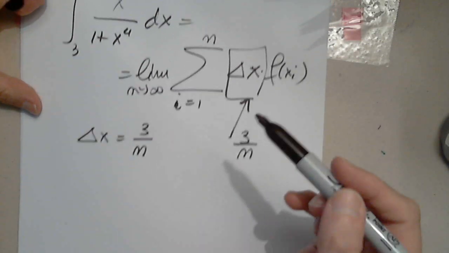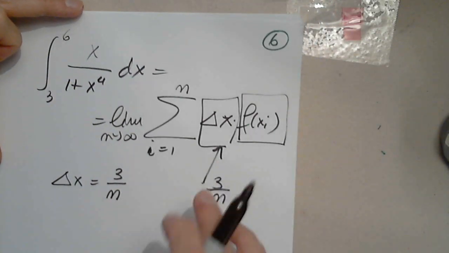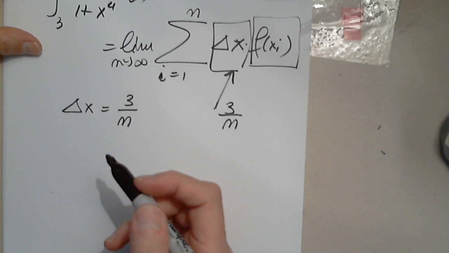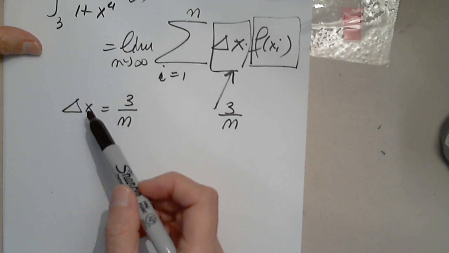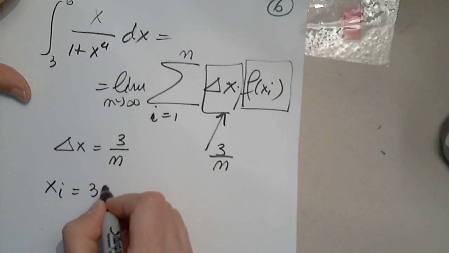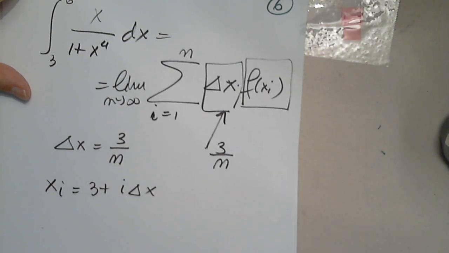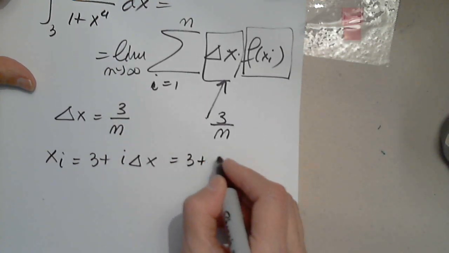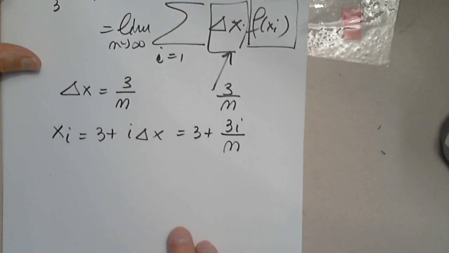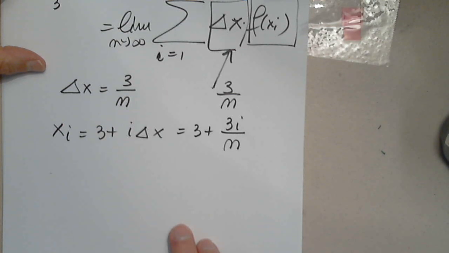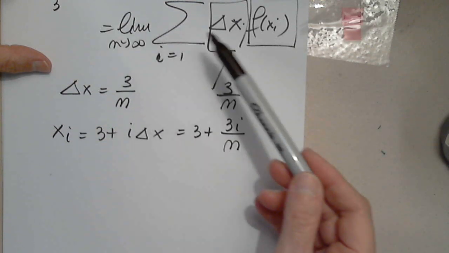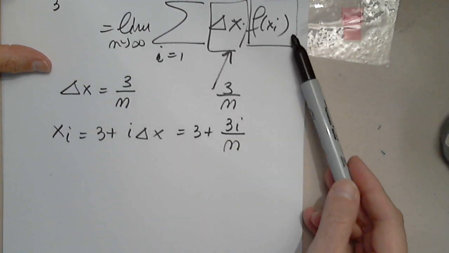Now, obviously this piece must be f of xi, right? You can determine xi as being 3 plus i delta x. So that is 3 plus 3i divided by n. This function is the original function, with xi in it.